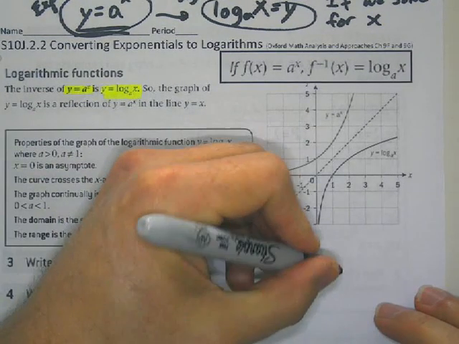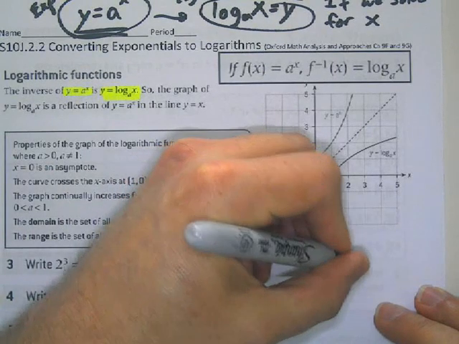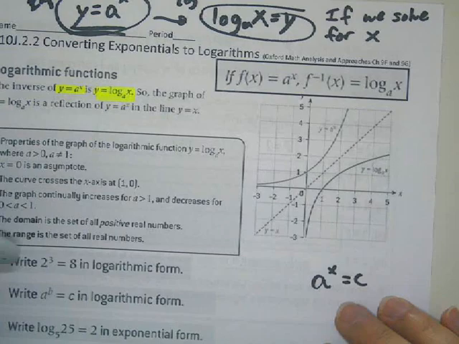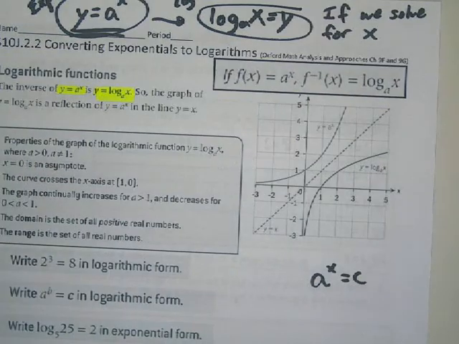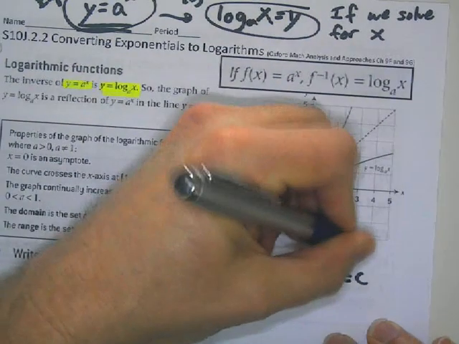So if I've got a to the power of x equals c, that's just how it's written down here, right? So these things have special names. Okay, so this right here is called the exponent.